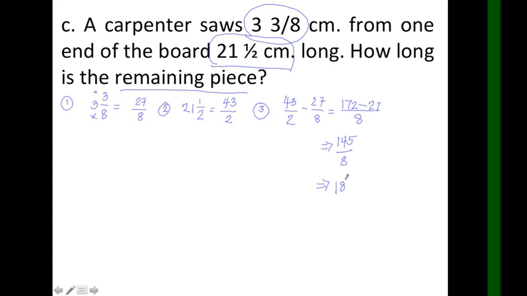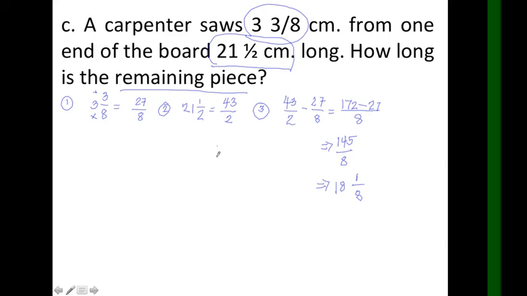So, kung 144 yon, ilang pa ang matitira sa 145? That's 1. Tama? So, siya yung magiging remainder niya. And then, kakopy natin yung denominator. So, 1 ang ating magiging numerator. Ikakopy lang natin si denominator.